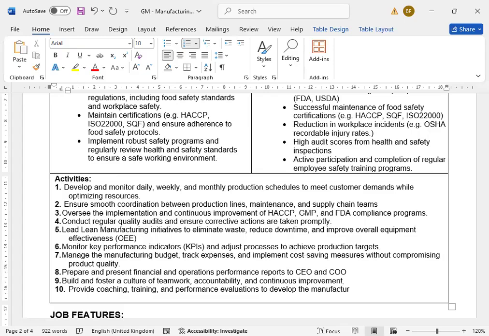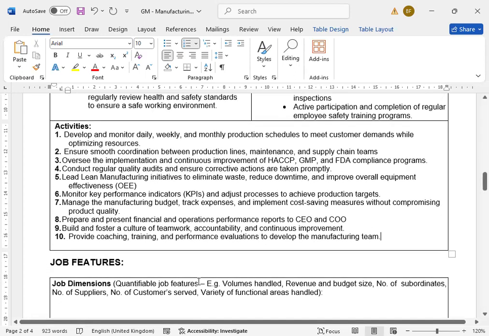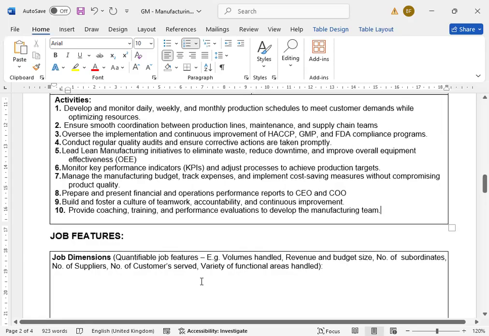Okay, say manufacturing team. All right, that's it. I think 10 activities at least. You would say that the general manager is also doing things on his own.